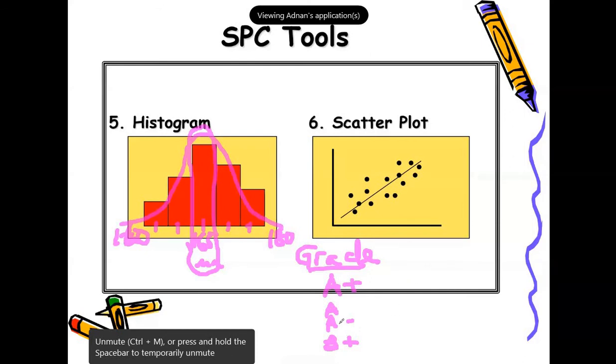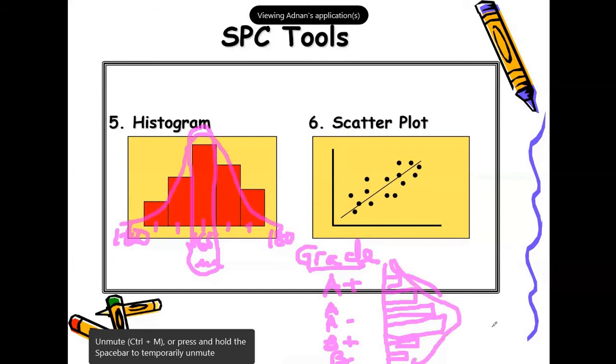Many people will be maybe A minus or B plus. If we plot this in terms of number, not many have A plus. A is slightly more, A minus is more, and maybe one or two people will get C minus and D. So this also follows normal distribution. We call this a normal distribution.